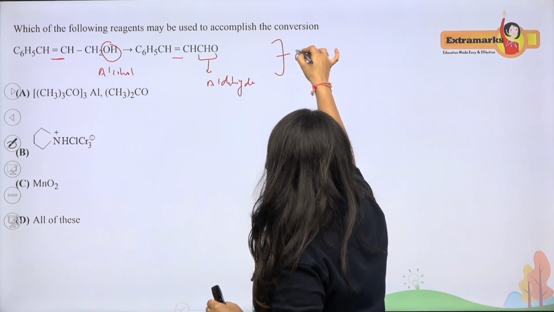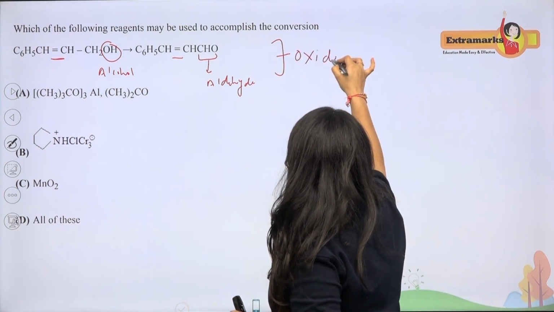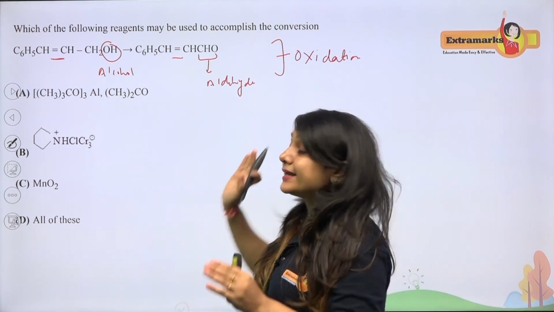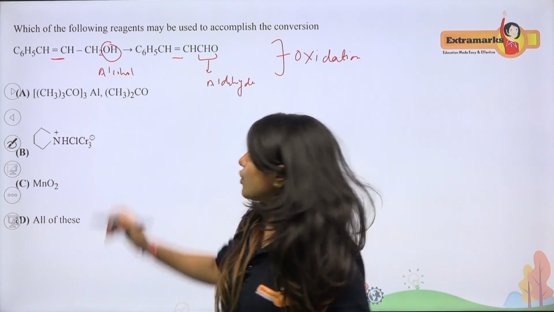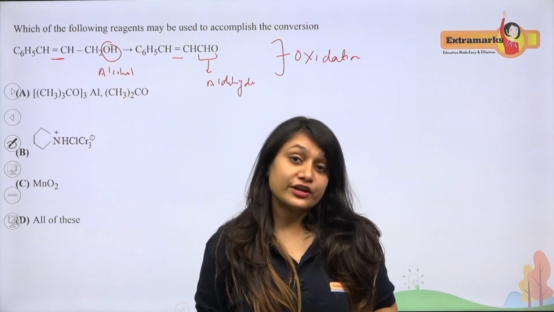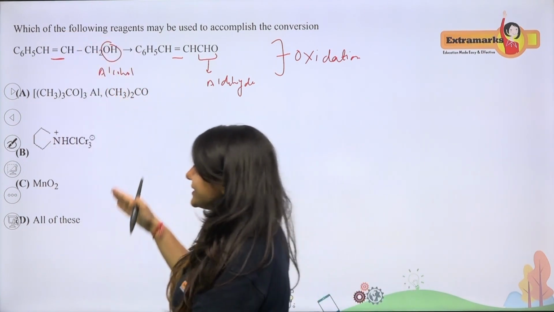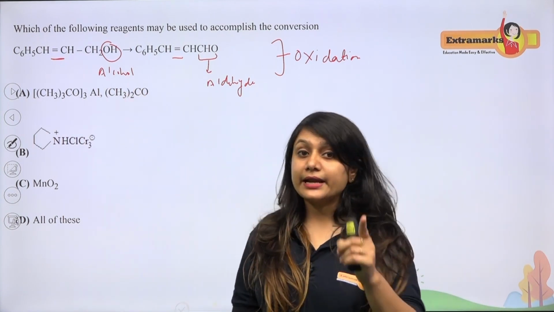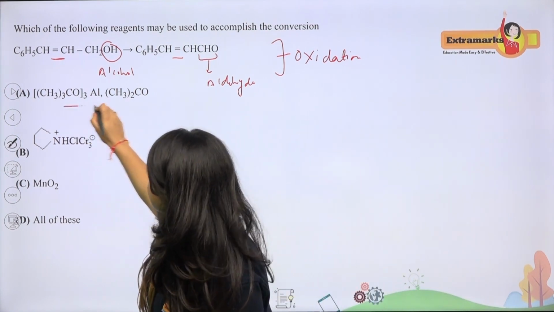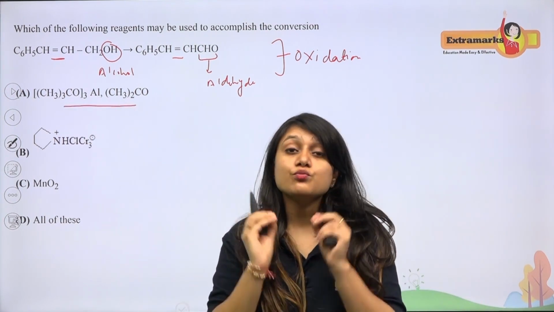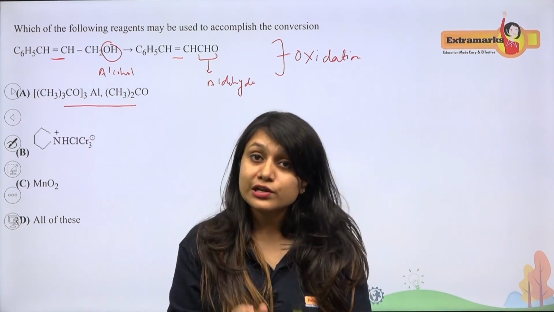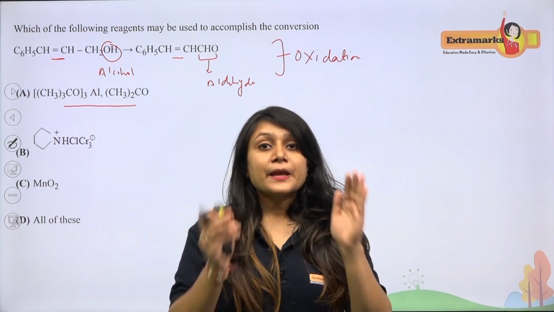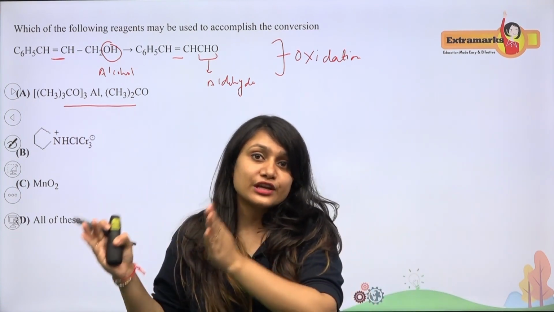They are asking which of the following reagents can oxidize only alcohol to aldehyde but does not have any effect on the alkene, the double bond. So out of all these three reagents, which is going to oxidize only alcohol into aldehyde? For that you need knowledge of oxidizing agents as well as reducing agents. You have to learn which oxidizing agent gives specifically which product.